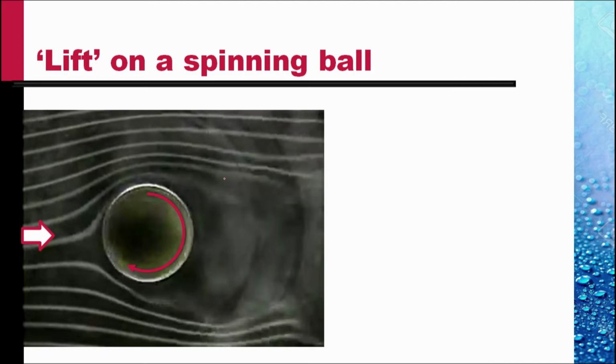If the ball is spinning clockwise as shown, with flow approaching from the left, at the lower part of the ball the velocity of the ball surface is in opposition to the free stream velocity, while at the top, the velocity of the ball surface is in line with the velocity of the approaching airstream.